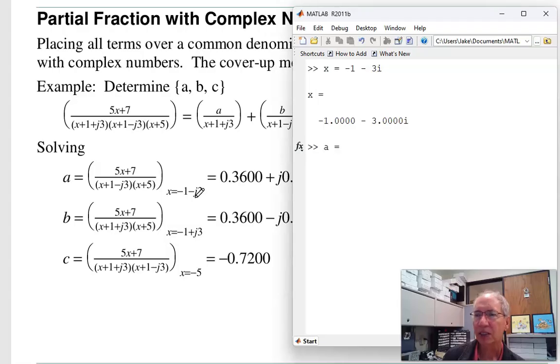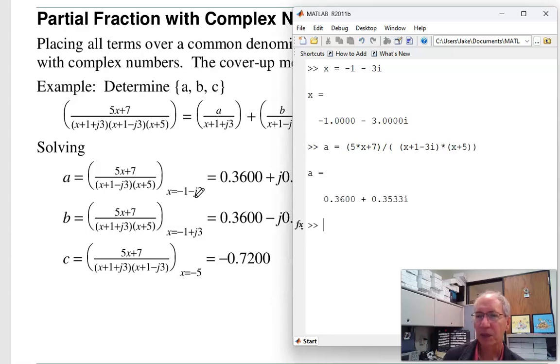A is 5 times x plus 7, that's the numerator, divided by x plus 1 minus j3 times x plus 5.